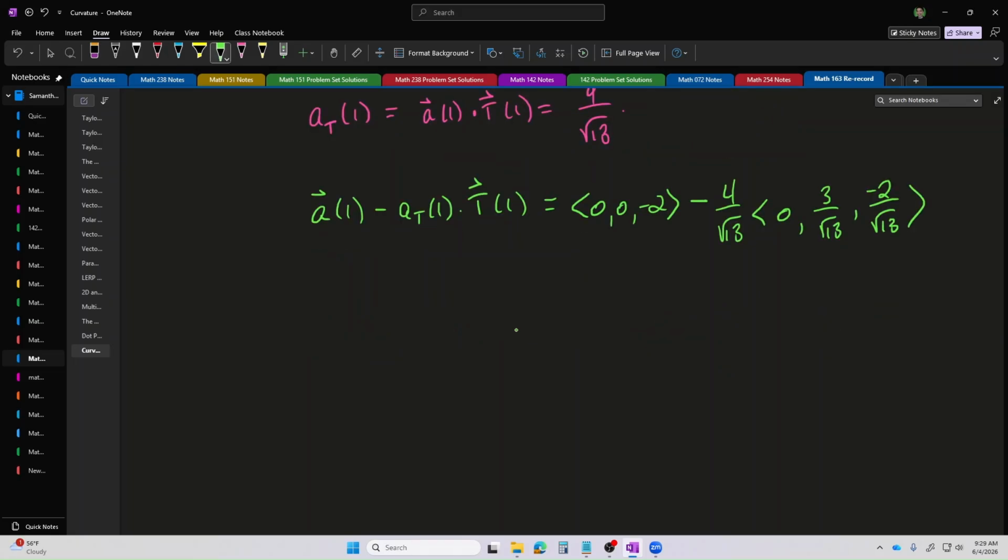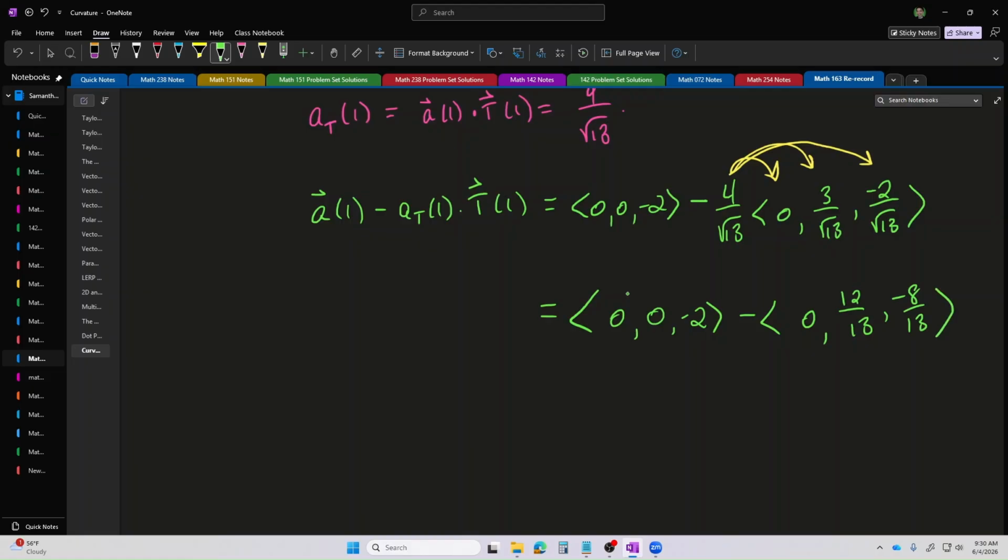Let me start by scaling the vector in the back, following PEMDAS and doing the multiplication first. If I distribute this scalar of 4 over root 13 to both of the entries in the back, I get 0, 0, minus 2, and then subtract 0, 12 over 13, and negative 8 over 13.